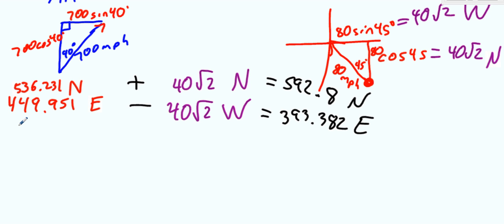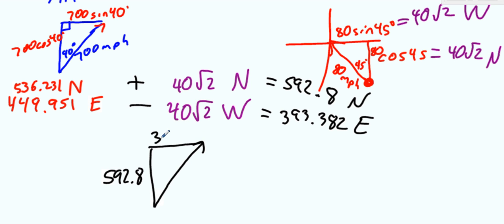So that means that our ground speed is heading to the north and to the east. North 592.8 and east 393.382. And north and east makes a 90-degree angle.